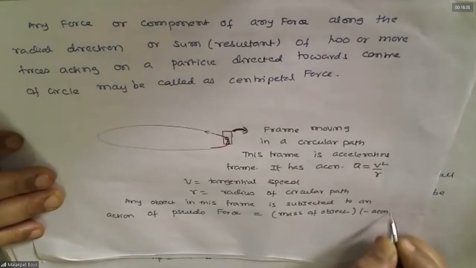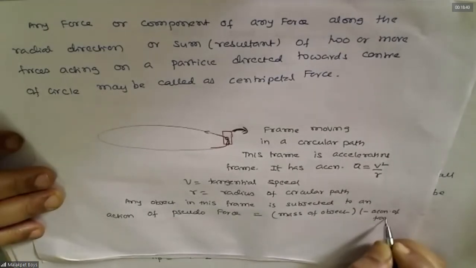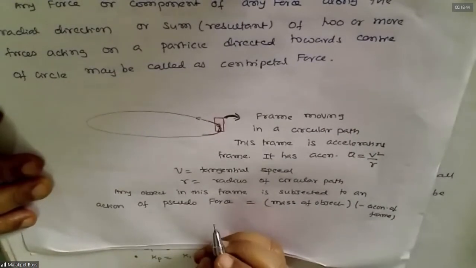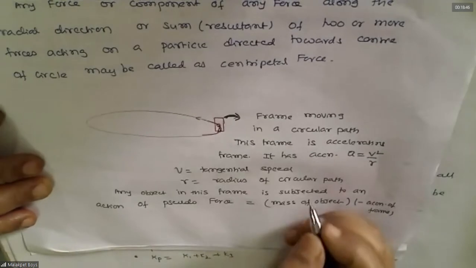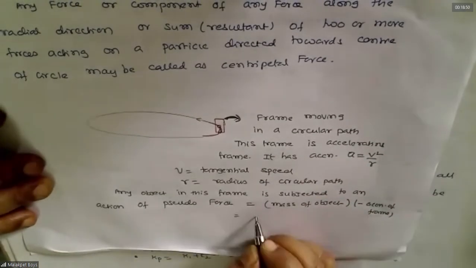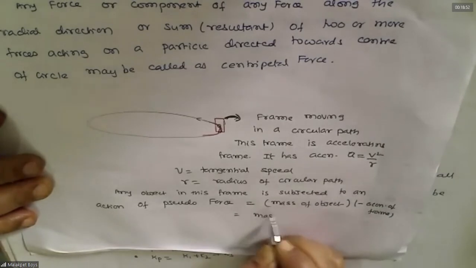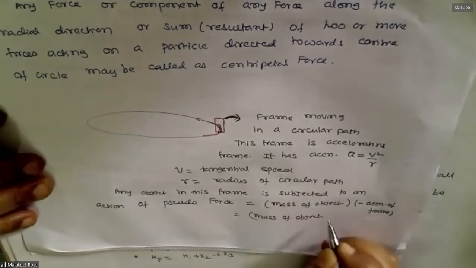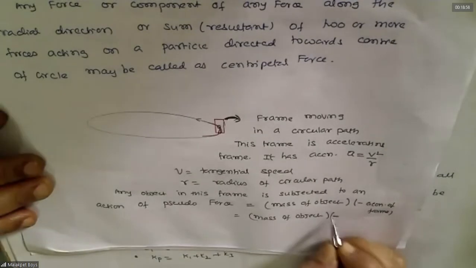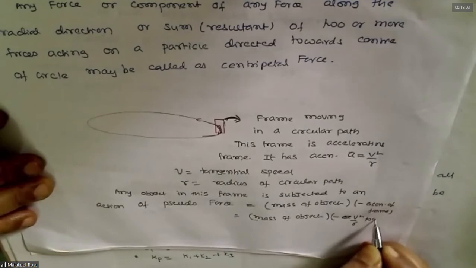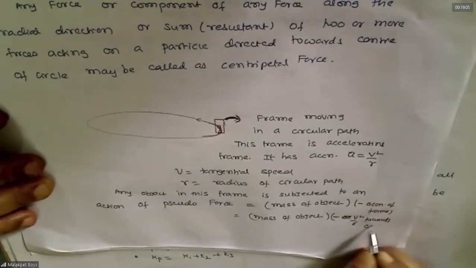That is minus of V square by R towards the center.